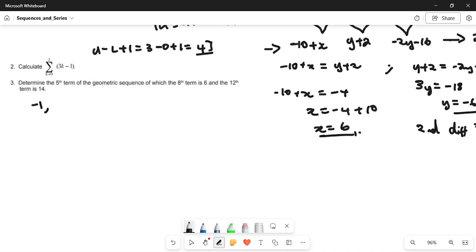And then k equals 1, 3 into 1 minus 1, I'll get a 2. 3 into 2, 6 minus 1, that's just a 5. And then it continues until 3n minus 1. So my a is equal to minus 1. And then the difference. Here I'm just jumping the gun. So this is a linear pattern, and we need to know what the difference is. The difference in this case is just the value 3.